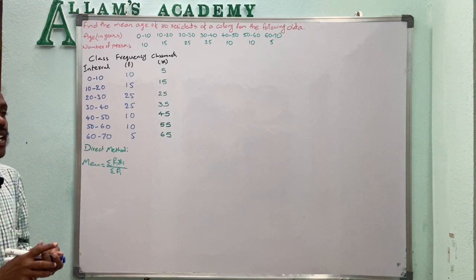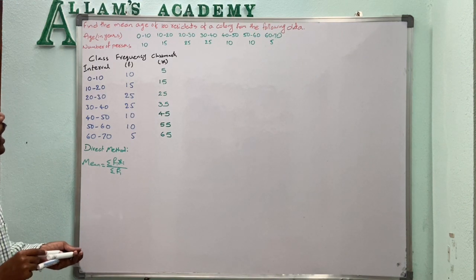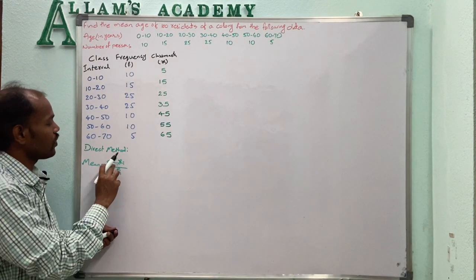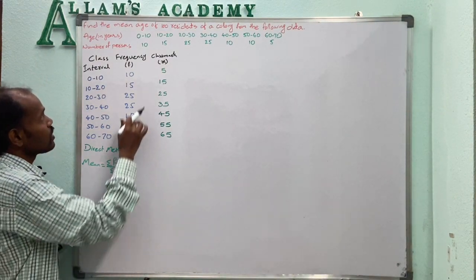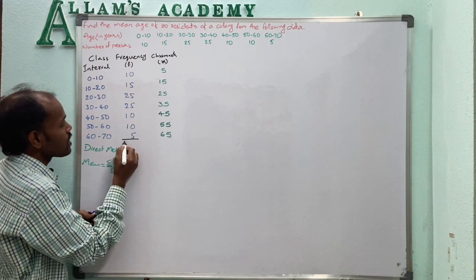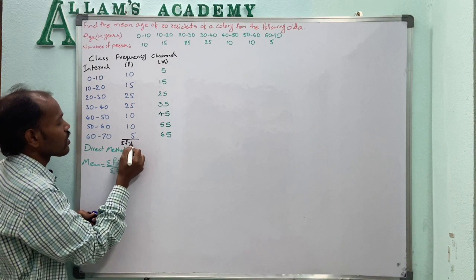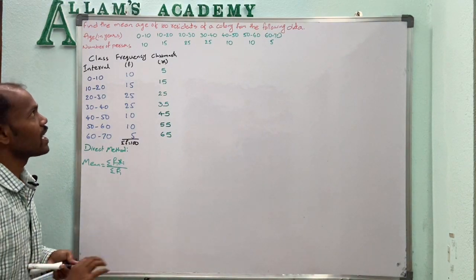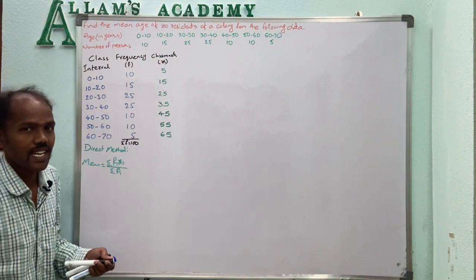Summation of f equals 100, already given as 100 residents.